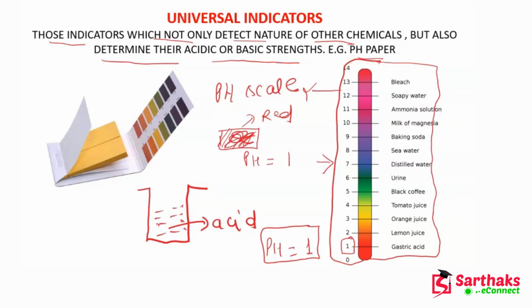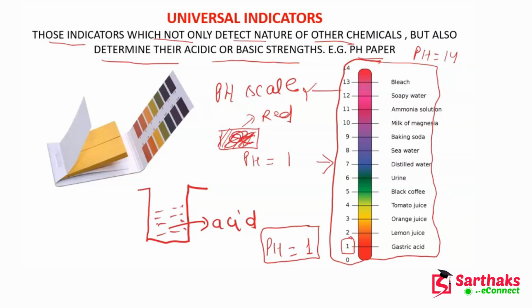But if the pH of a chemical substance is 14, that means it is very basic in nature. So after 7, the pH increases and the basic nature also increases, and before 7, the pH decreases and the acidic nature increases.